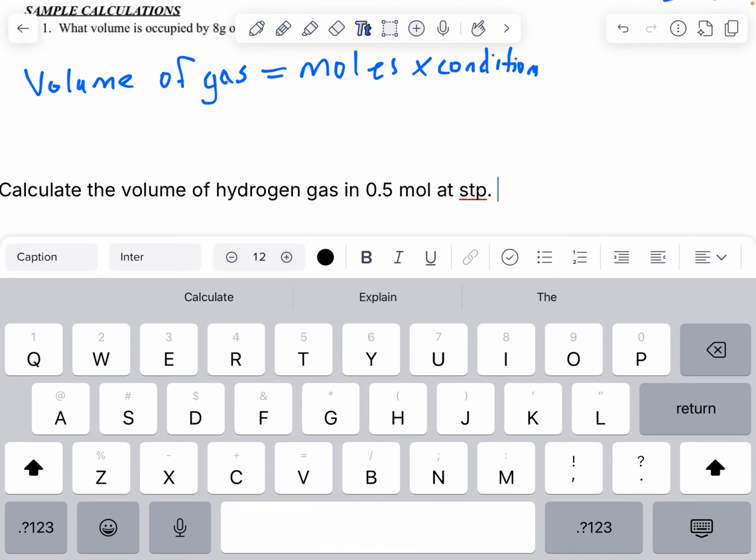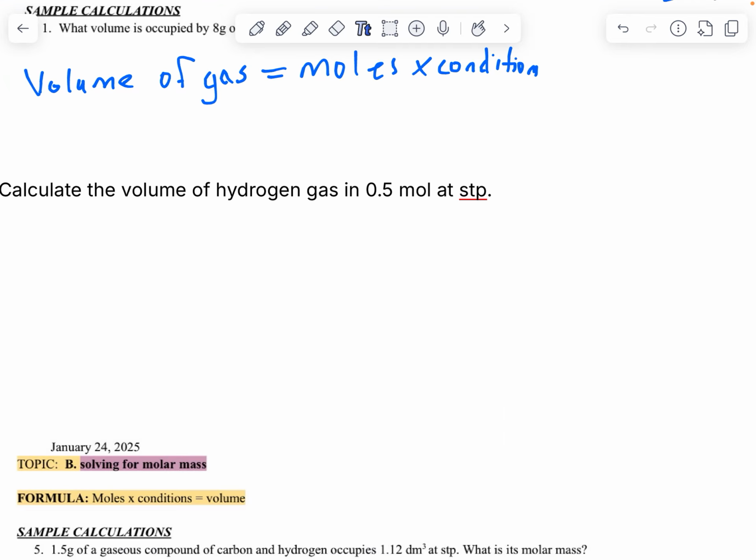So it's a simple question, right? Very simple. Calculate the volume of hydrogen gas in 0.5 mole at STP. And let me just grab my calculator because I'll be finding this out as well. All right, let us go.